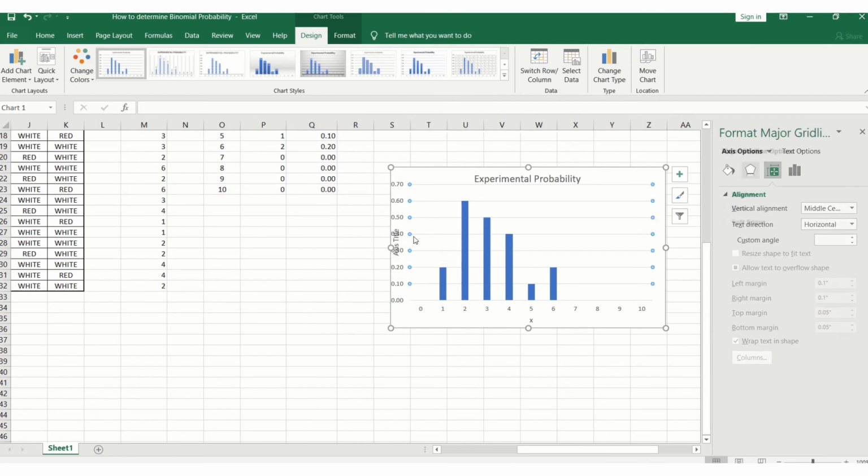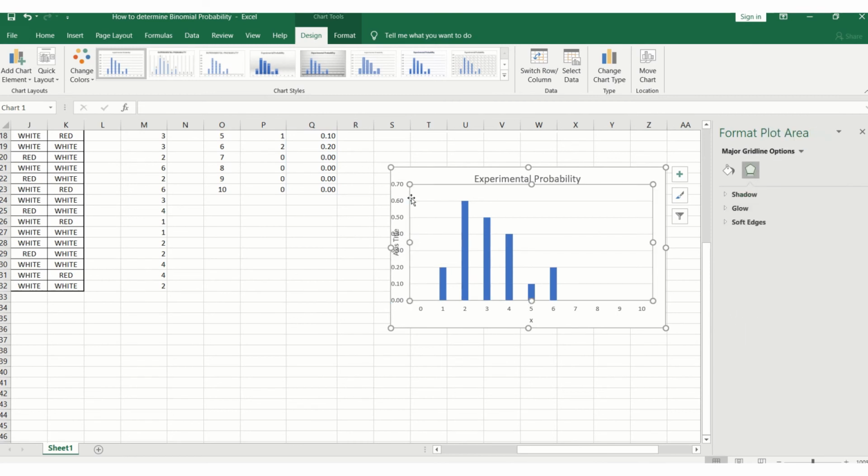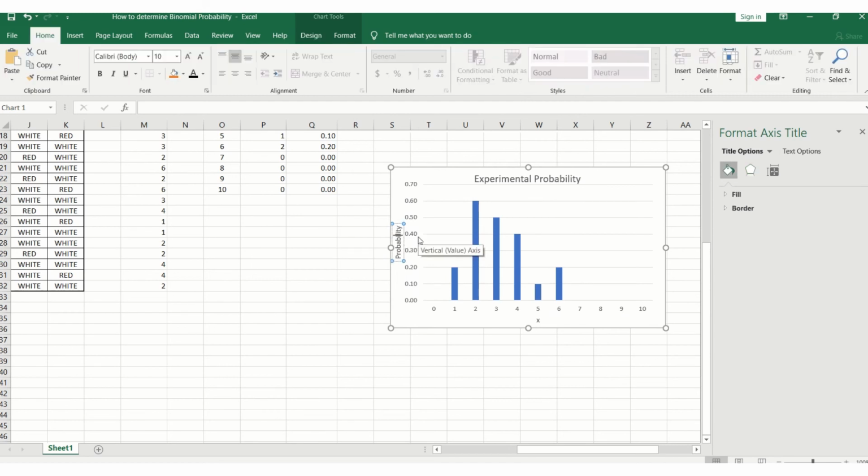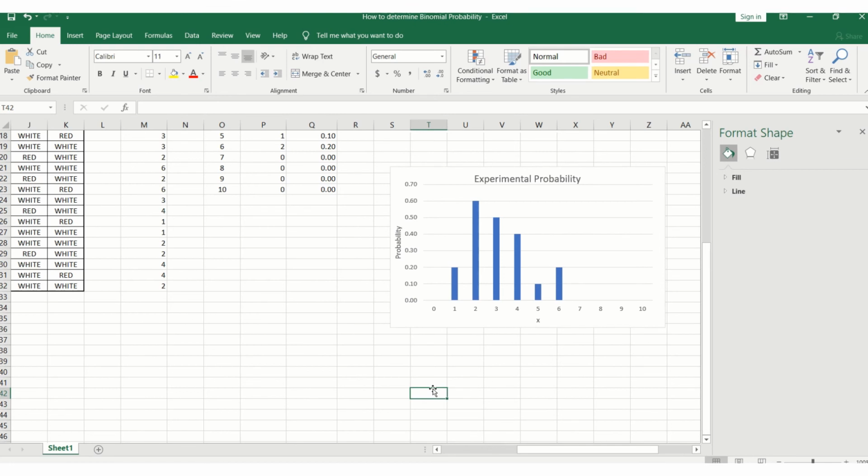Now I can just adjust it. Here I can give probability. So here is the experimental probability chart.